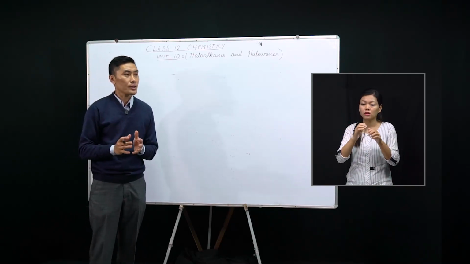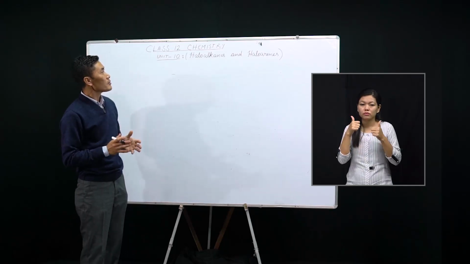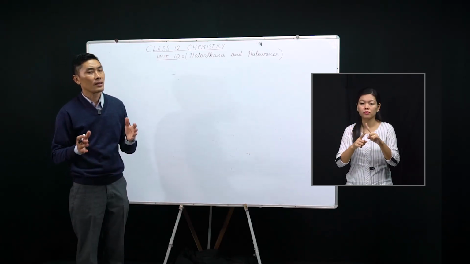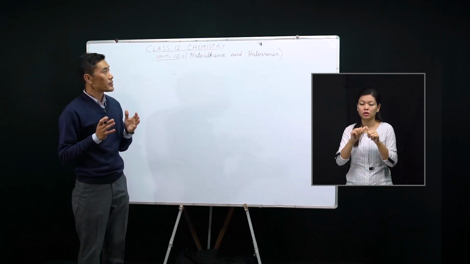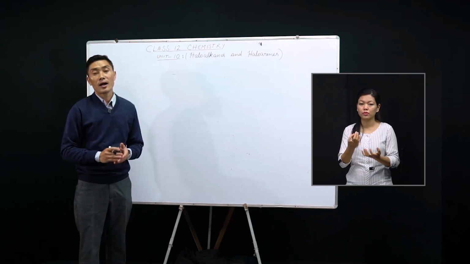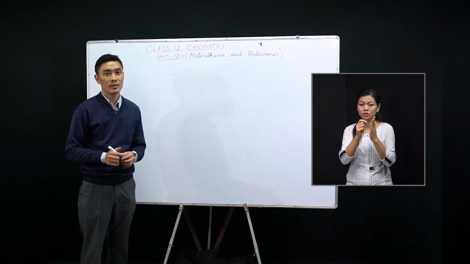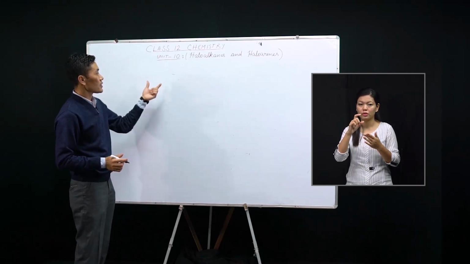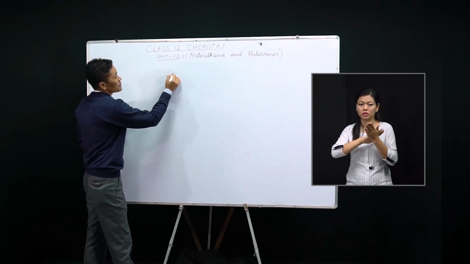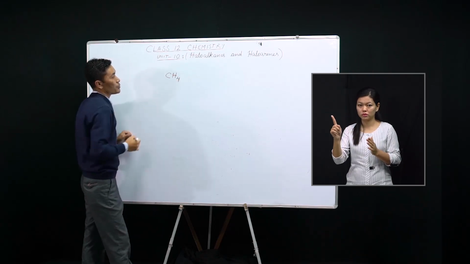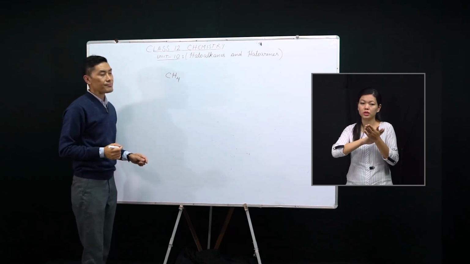Now the fourth property, which is very important about these haloalkanes, is that the boiling points of the haloalkanes are higher than the hydrocarbons from which they are derived. Let us try to understand it with this illustration. Suppose we have a hydrocarbon CH4, this is methane.